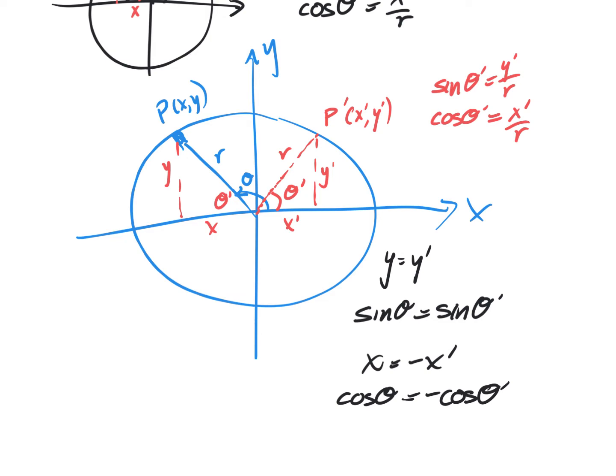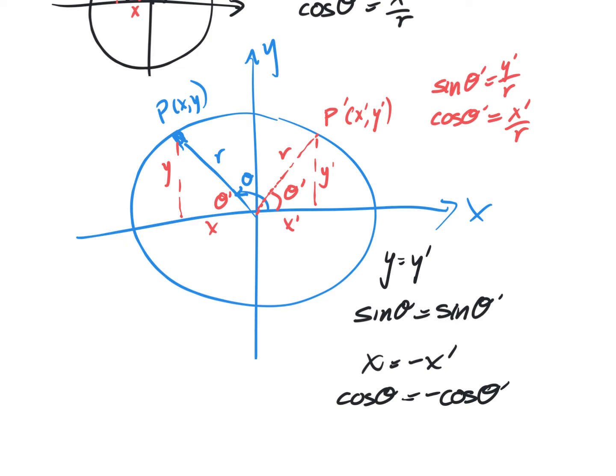So you may have noticed that these are two similar triangles, with the only difference being the x-coordinate having opposite signs. Therefore, the values of each trig function that we're going to get from these two triangles will be exactly the same, except possibly the signs, especially the ones that involve x's and x primes.